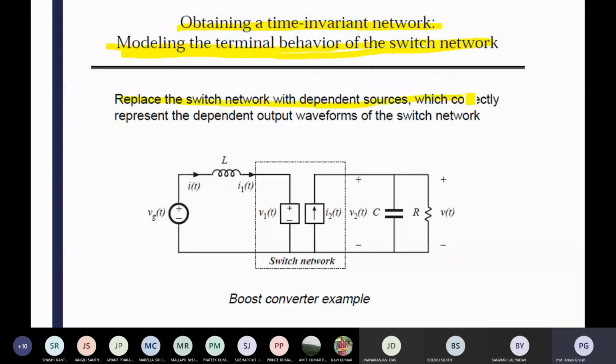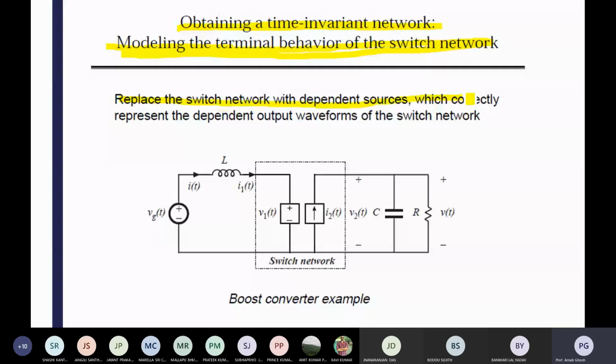Your input is vg, with plus and minus voltage, and the inductor is there. The i1(t) and v1(t) come directly from those points. So v1 will be a voltage source and i2 will be a current source. v1 is dependent on i1 and vg, which is why it is a dependent source.